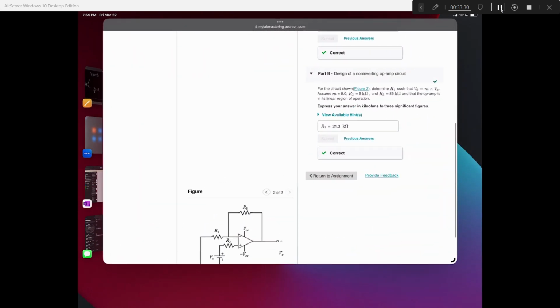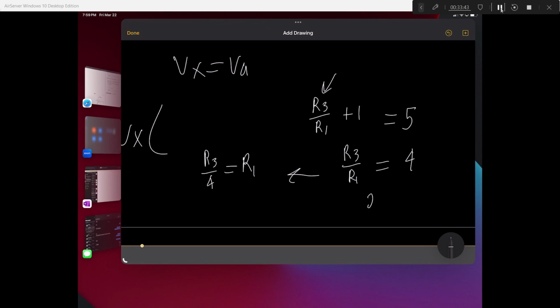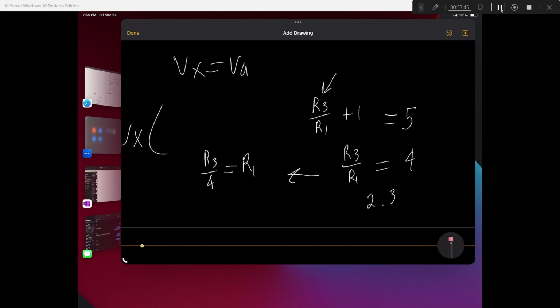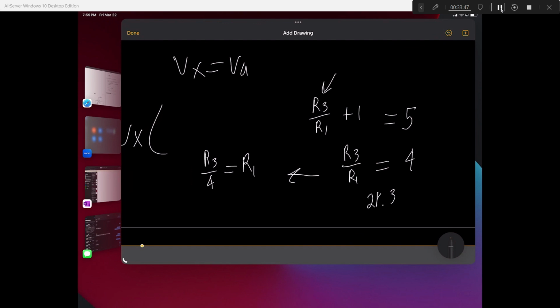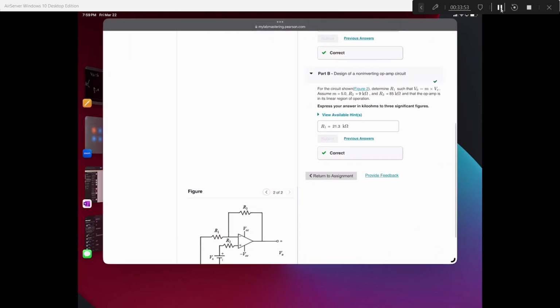And what is R3? 85. 85 divided by 4 is 21.25, which, if you round it, is 21.3 kiloohms. And that's all the problems. Yippee!